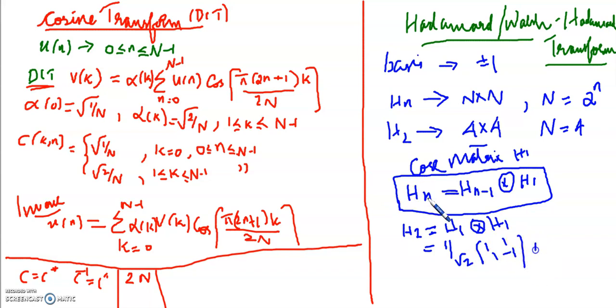You have to take the Kronecker product with H1, which is again 1 by root 2 times 1, 1, 1, minus 1. To find the Kronecker product, this 1 by root 2 into 1 by root 2, I will take outside. So I will have 1 by root 4 into this whole matrix multiplied by the first element. Then this whole matrix multiplied by 1.